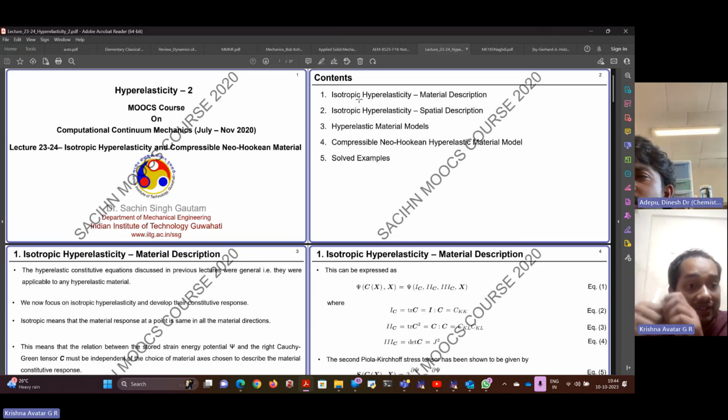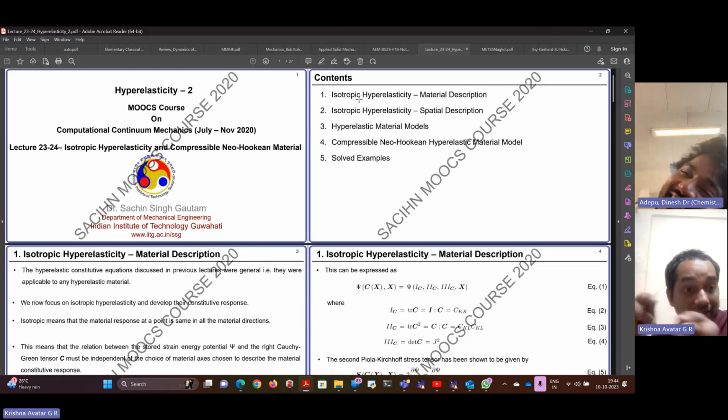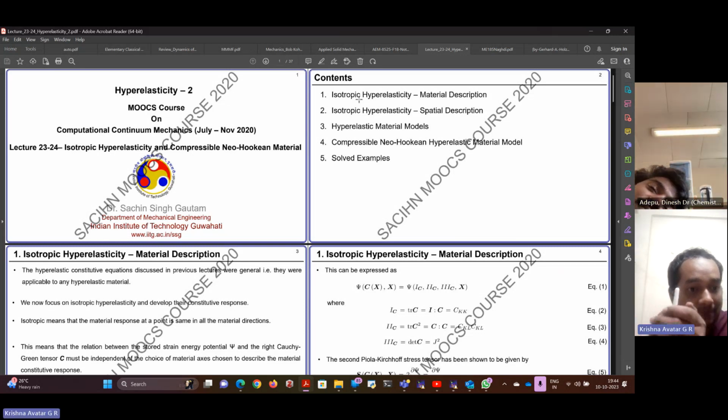At any point, the sum of principal values is always the same. The eigenvalues also remain the same, and the product of eigenvalues also remains the same. So the trace is related to the sum, and the determinant is related to the product of eigenvalues.